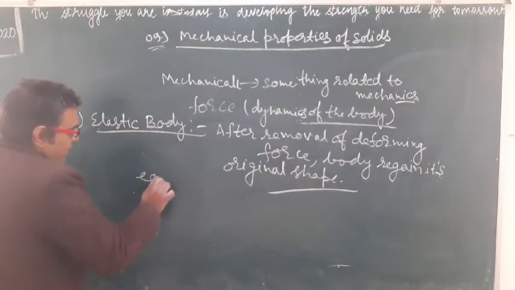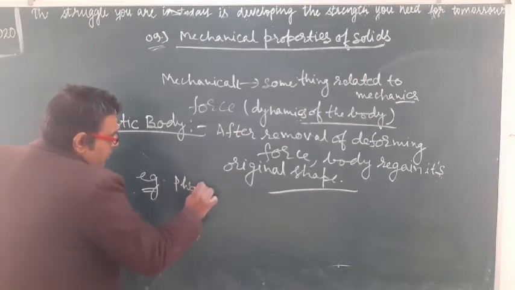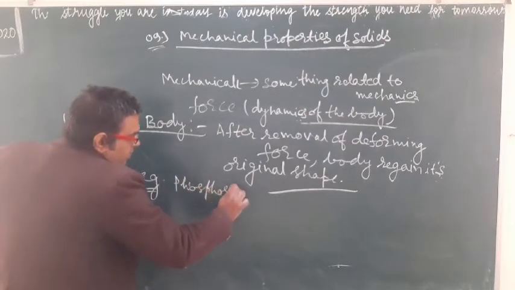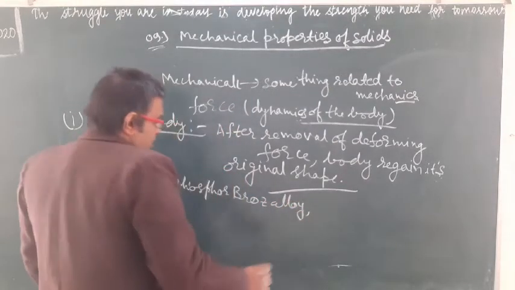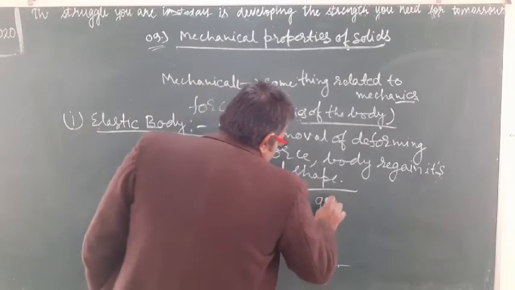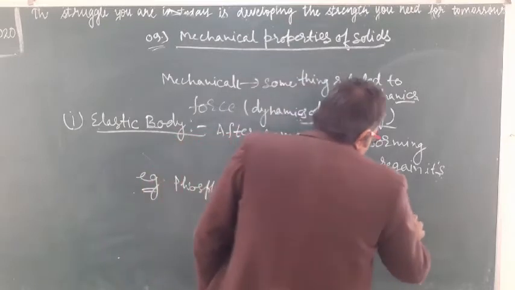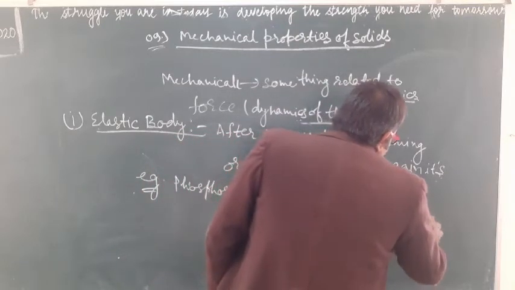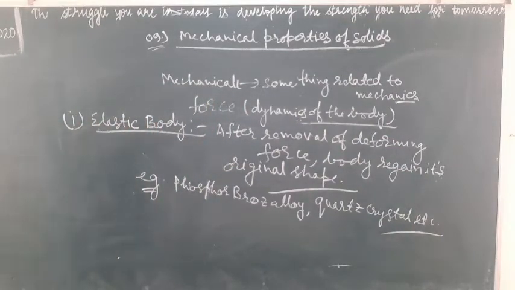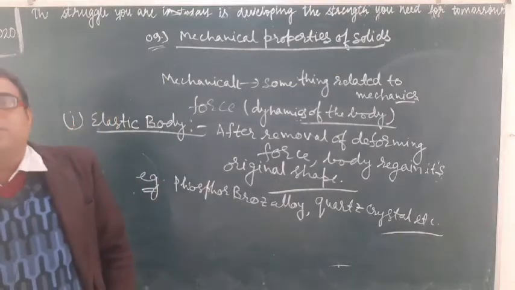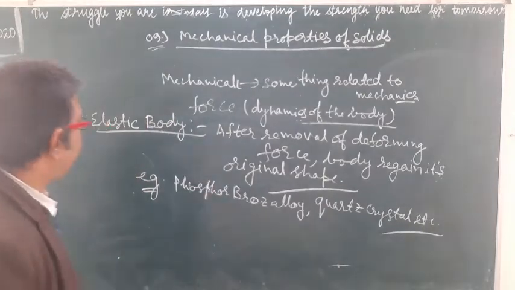Examples of elastic bodies are phosphor bronze alloy and quartz crystal, and there are other alloys also which can be taken in the category of elastic bodies. So elastic bodies are those which can regain their shape after the removal of the deforming force.